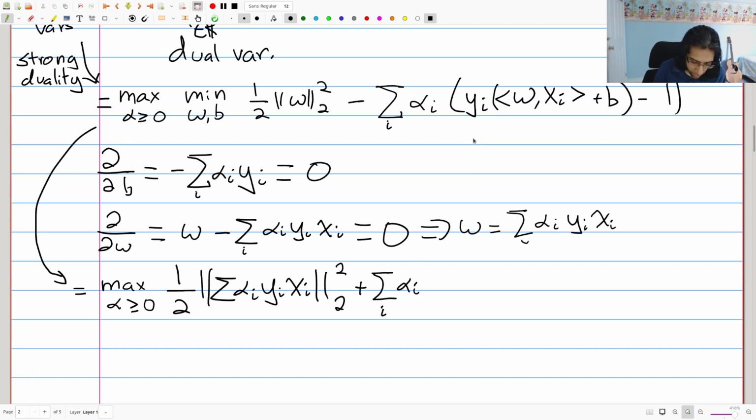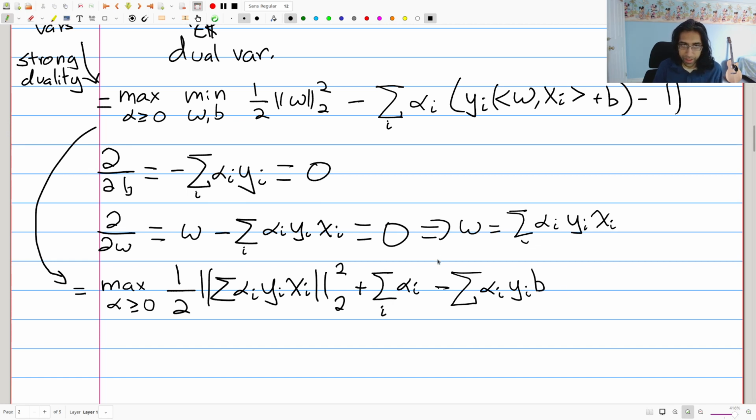The next thing we're going to do is take this minus alpha i times this b. So this gives us minus the summation, sorry, it's not exactly that. It's minus alpha i times yi times b. Notice all of these are multiplied by each other. So this gives us minus alpha i yi b.